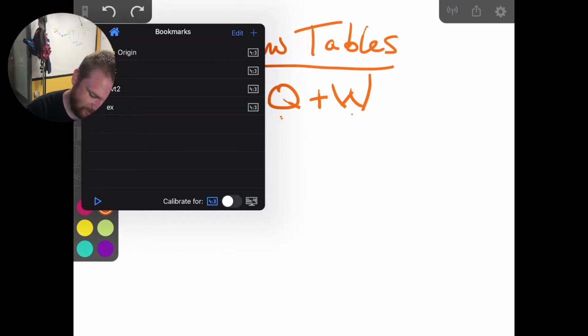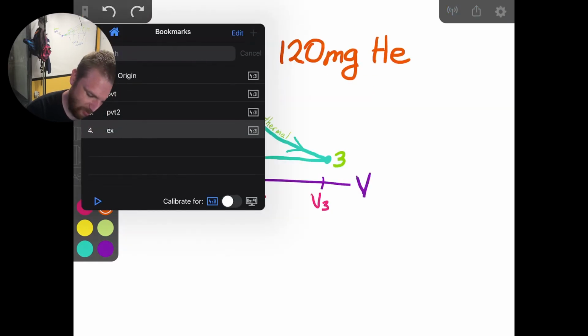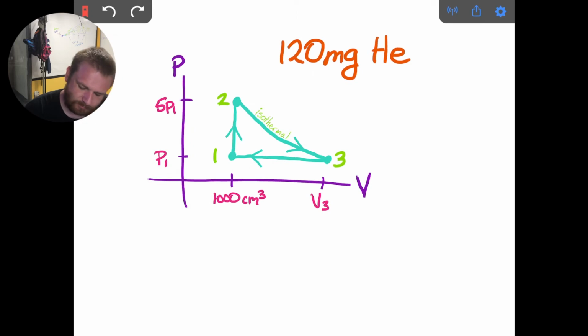And I actually have an example here that I wanted to work through. So let's just jump to the example here. So here's an example of a thermodynamic cycle. It is going clockwise in orientation. So we're going to have net work output, or the sum of the work around the loop is going to be 0. And we have 120 milligrams of helium that are completing this cycle. We have some given information here. It looks like I have one piece of missing information.